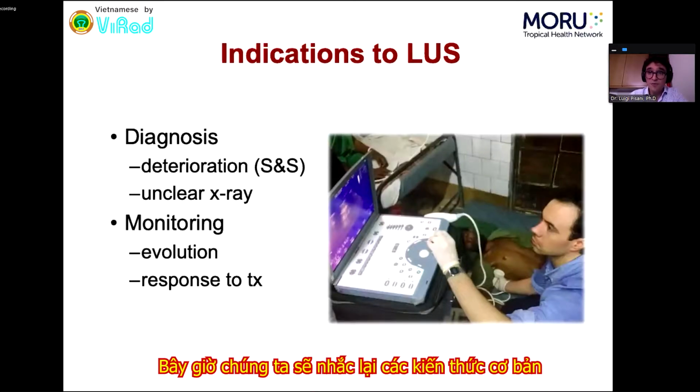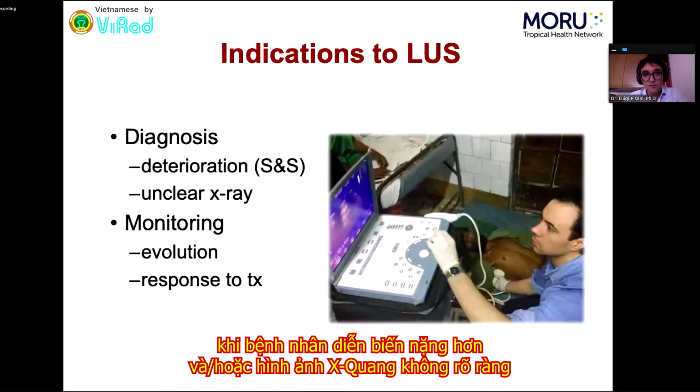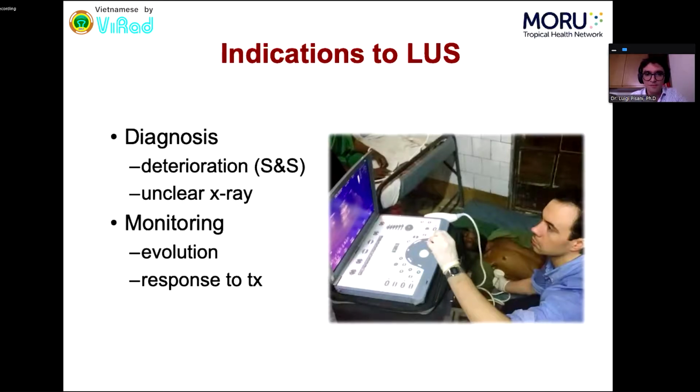Starting from the basic principles, the indications for lung ultrasound can be summarized as diagnostic, for when there is a patient deterioration or an unclear X-ray, or when we want to monitor evolution or response to therapy of our patient.